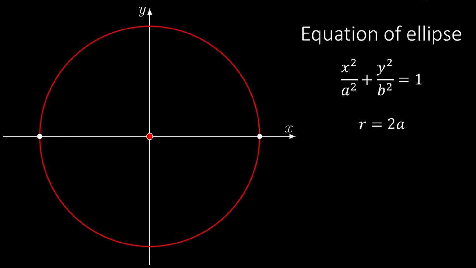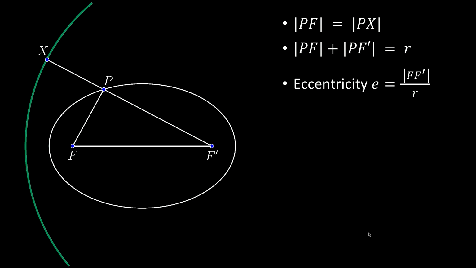So I've said the eccentricity is always less than 1. I want to show you what happens as the eccentricity gets larger and larger. We'd seen perhaps thin ellipses, but a good way of looking at what happens as the eccentricity gets higher is to go to our circle idea that we had before.